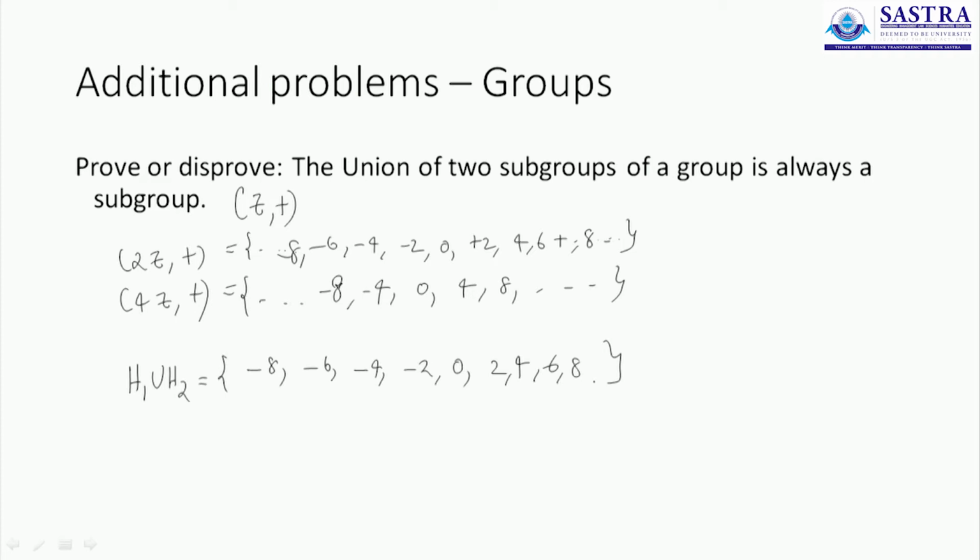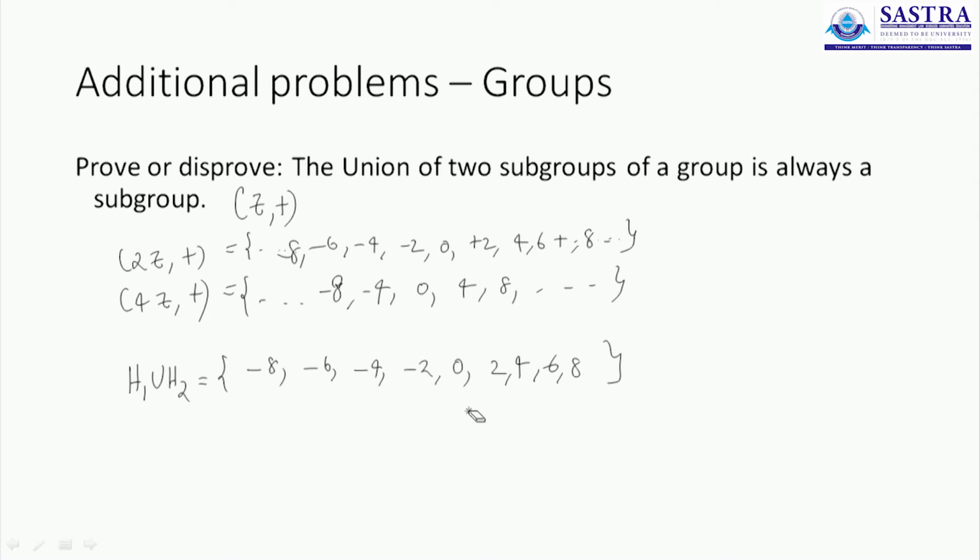When you add any two elements of this set, the result will be part of the set. Does every element have an inverse? It's still true. 2 and minus 2 are inverses, 4 and minus 4, 6 and minus 6, 8 and minus 8, all these are inverses of each other. So it still satisfies the two condition test. It is also non-empty.